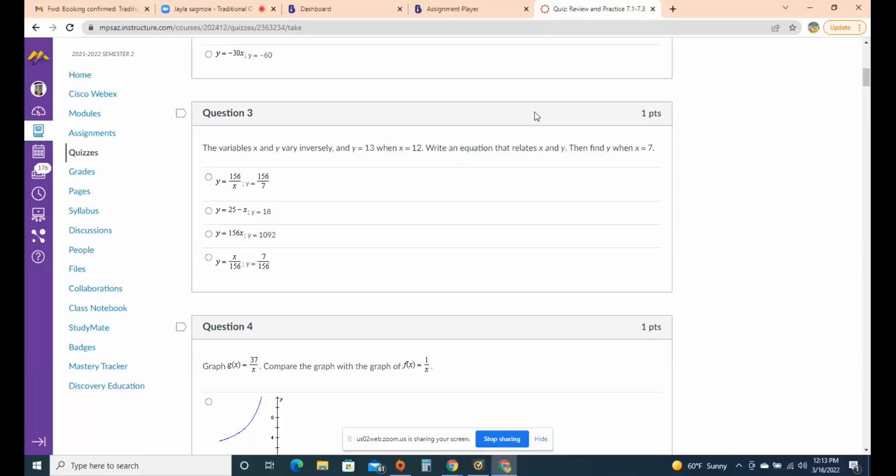So this means that the only possible answer is letter A. Now we can work through it, but letter A is the only one with variable x on the bottom. Can I just go off of that? If it's inversely, yes. Okay, that actually helps me then.